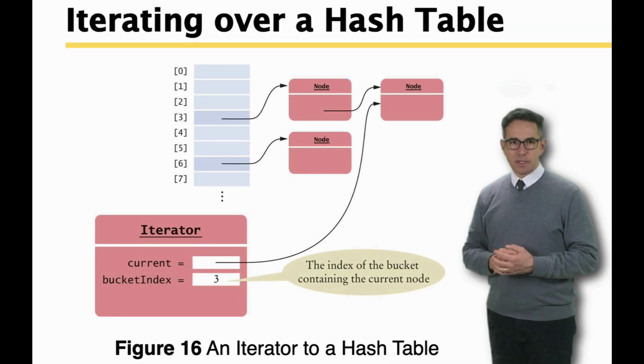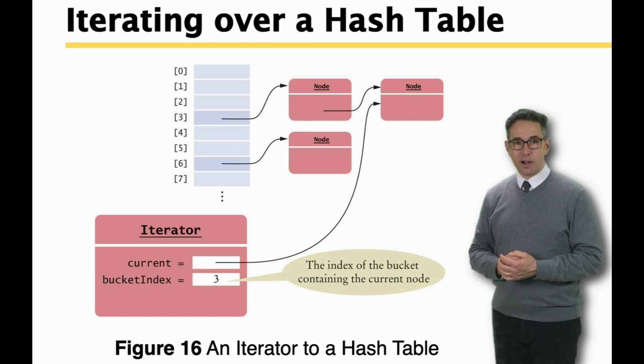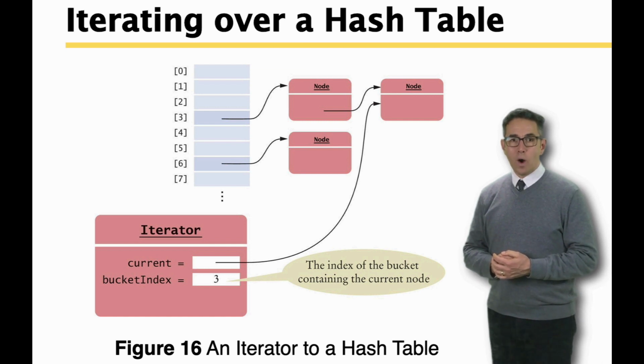This is kind of a visualization of what's happening when we do our iterator. So we provide our iterator to the user when they ask for the iterator, and we initialize it so that the first bucket it looks at is bucket 0. And we walk through until we find a bucket that has something in it. So in this case, we end up starting our iterator at bucket 3 and starting our current node at that first node.